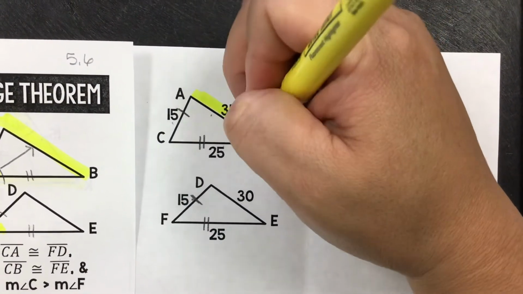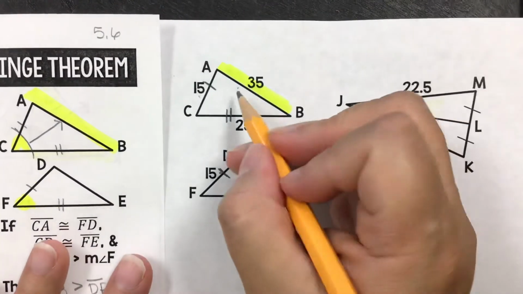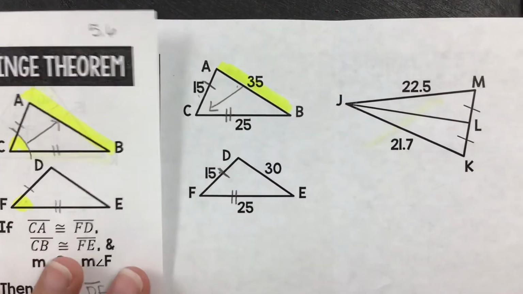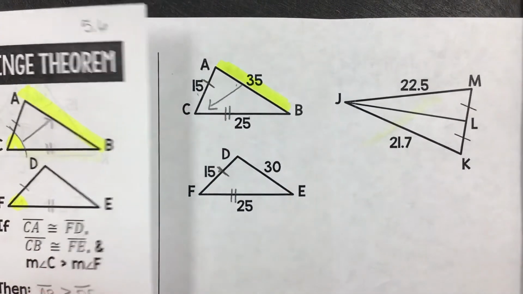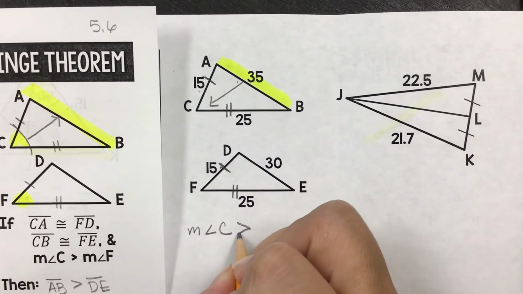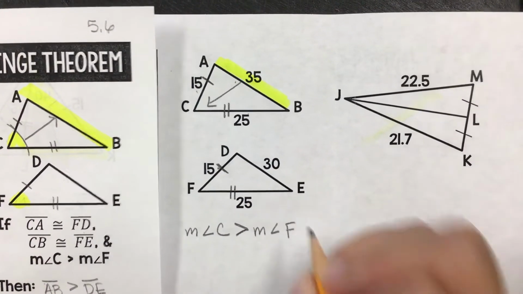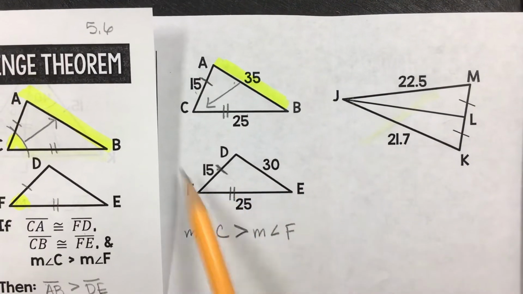AB is bigger. That means that angle C would be bigger. The measurement of angle C is greater than the measurement of angle F. And this is how I would test you.